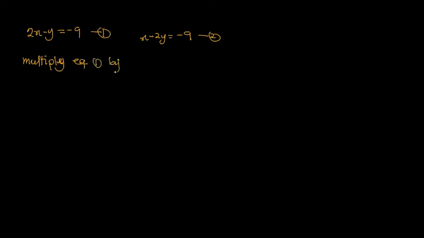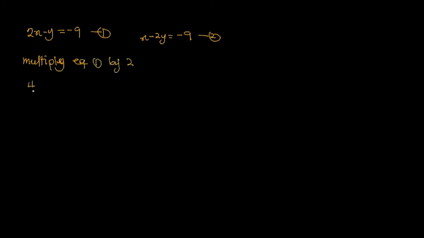So we have 2x minus y is equal to negative 9 as our equation 1, and x minus 2y is equal to negative 9 as our equation 2. In order to use the elimination method, I will multiply equation 1 by 2.